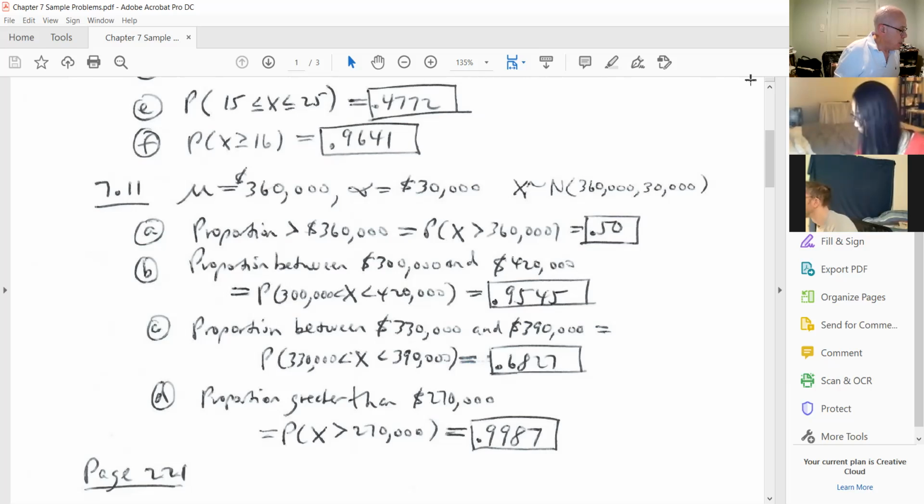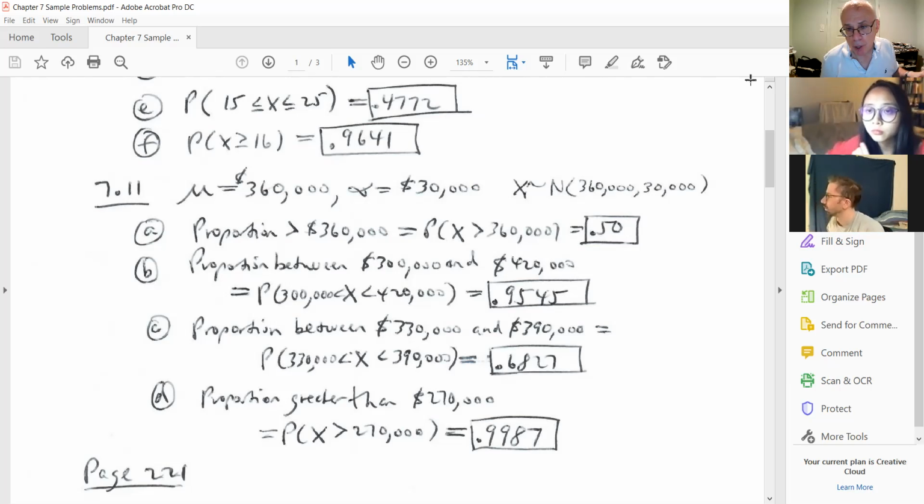Okay. Now, this one is where we have to think in a backwards way, right? We have to think backwards in this case. Now, remember, in Minitab, there's functionality that allows you to calculate the value from the probability, from the cumulative probability, right?